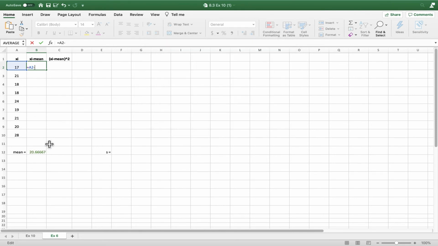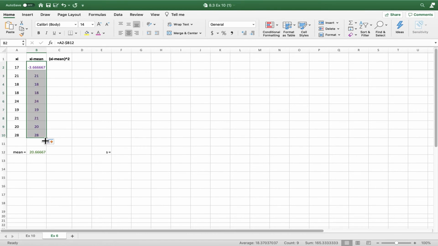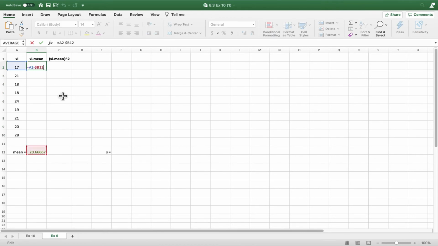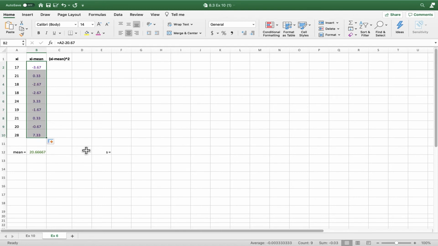And the reason I'm doing that is so that when I drag this down, it keeps the mean cell fixed. It didn't keep it, so let's just type it in. That'll be the easiest thing to do. 20.67. There we go. And now when I drag this down, it will subtract 20.67 from each of those data values.